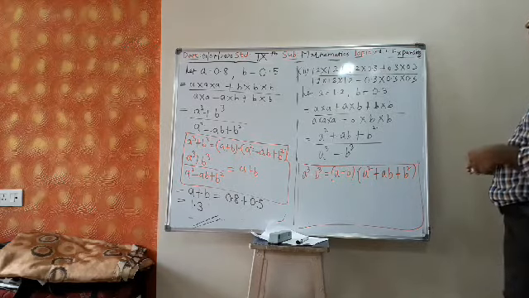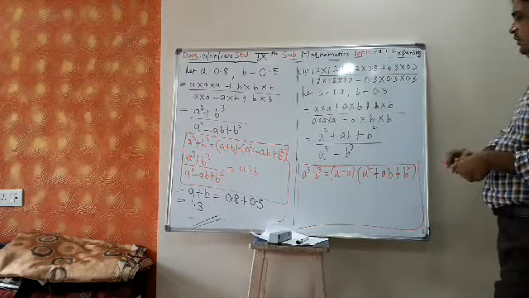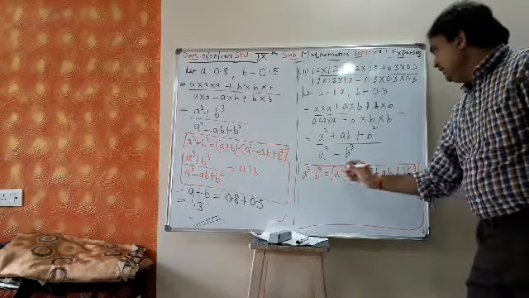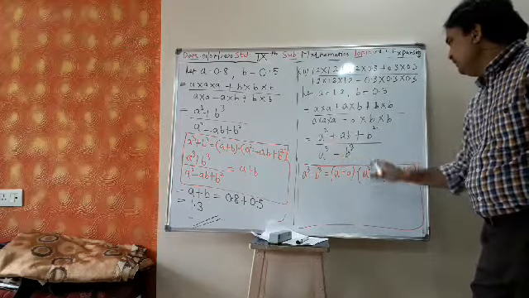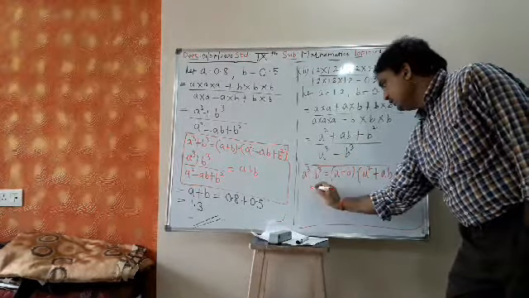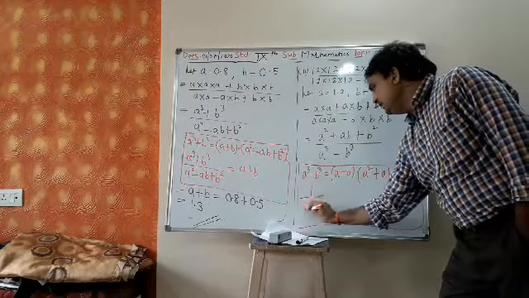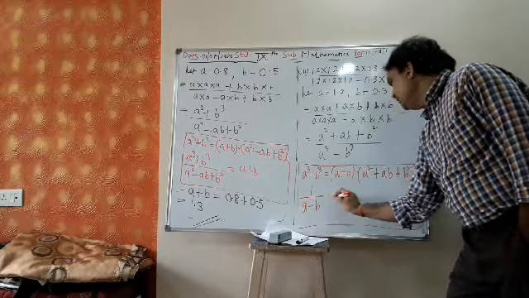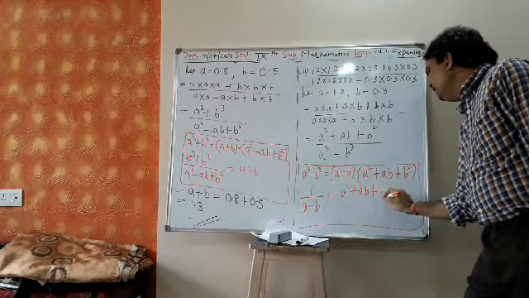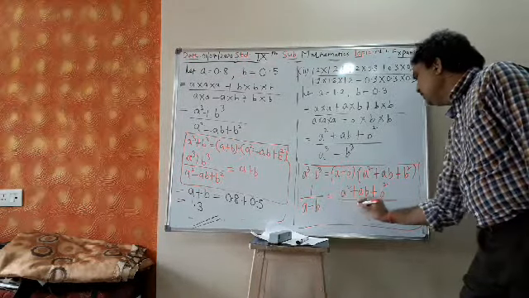So now it is A square plus AB plus B square. I will take this in the denominator. So 1 upon A minus B is equal to A square plus AB plus B square upon A cube minus B cube.